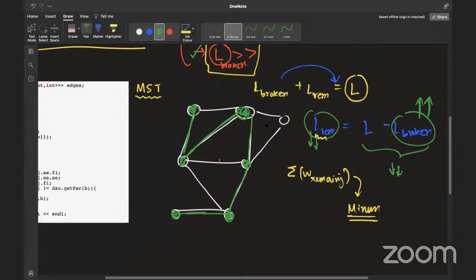So let's say this green thing is the network that we finally got, so we'll be breaking these particular roads. Because we have formed an MST, we are sure that the sum of the length of the remaining edges is minimum. So we can say for sure that the length of the broken edges from the graph would be maximum.